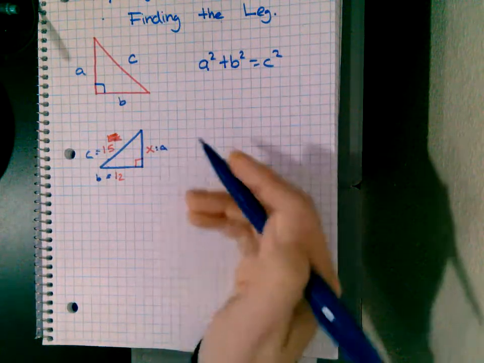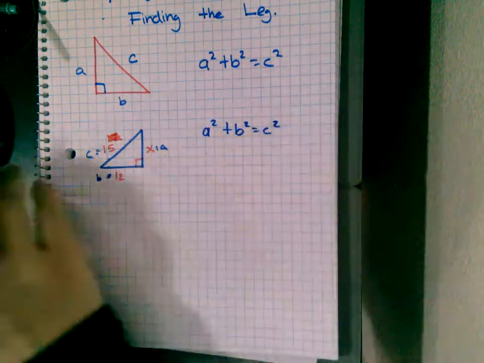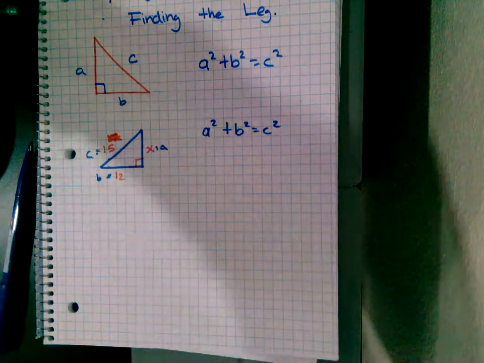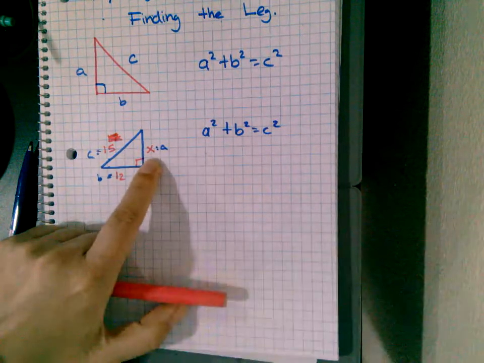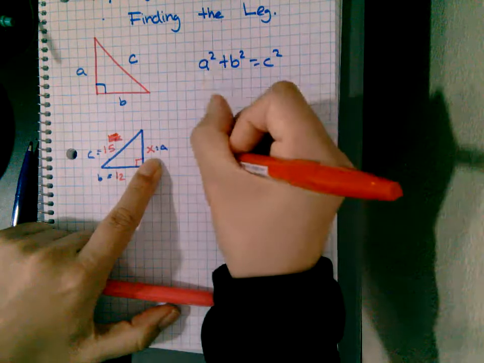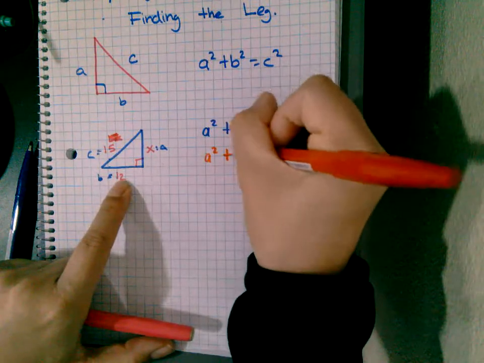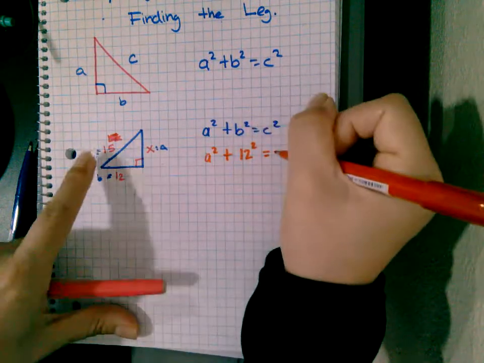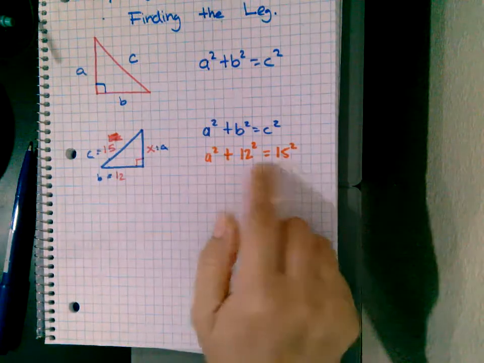All right, so the first thing is to substitute into our formula A squared plus B squared equals C squared. I know that A is an unknown value, so you can keep it as A squared. B is 12 squared, equal to C, which is 15 squared. Notice where I put the numbers now.